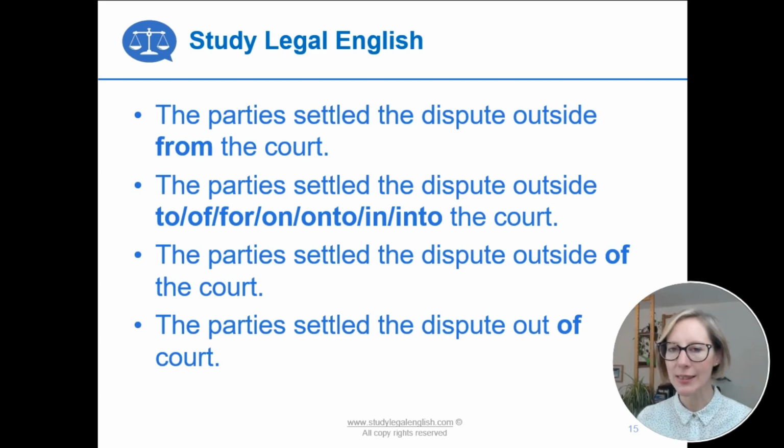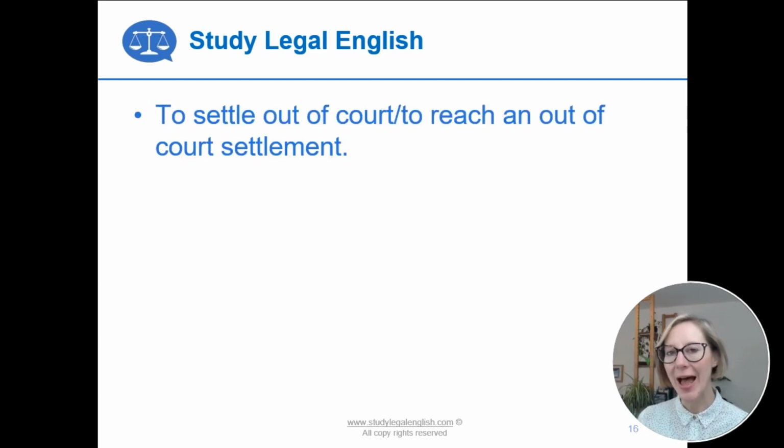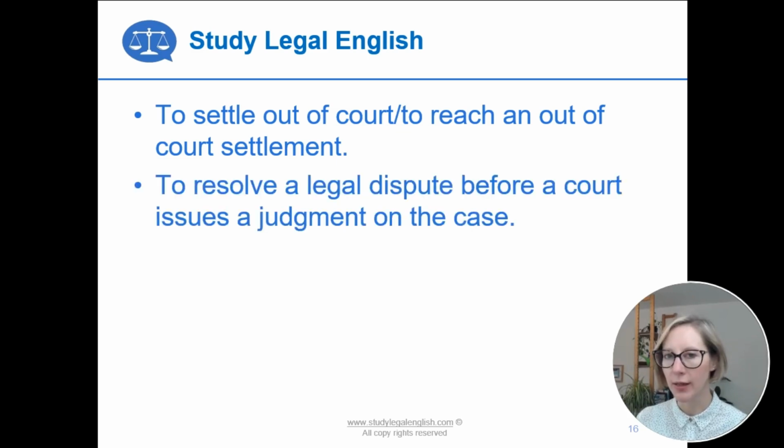Okay, the parties settled the dispute out of court. Out of court. So to settle out of court or to reach an out of court settlement is a phrase in legal English. It means to resolve a legal dispute before a court issues a judgment on the case.